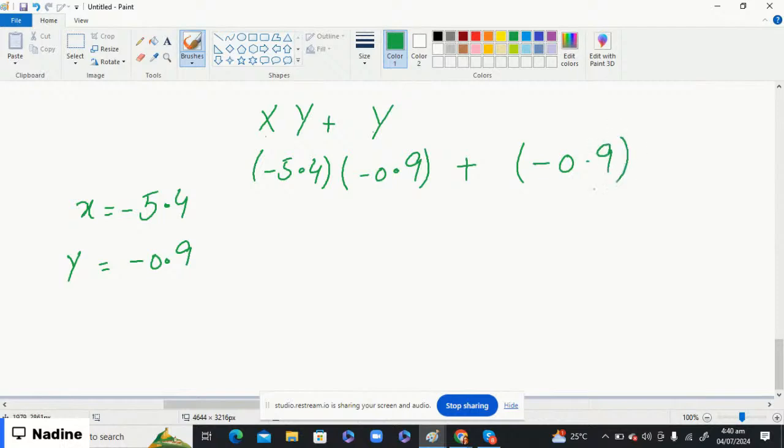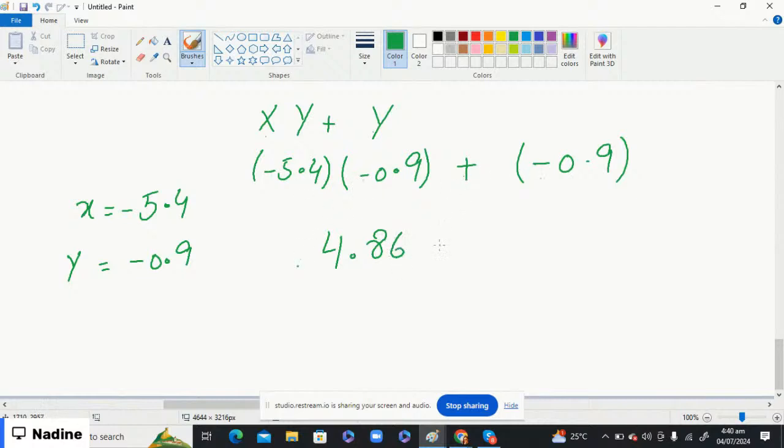Just simply multiply 5.4 with 0.9. You can multiply the decimal numbers with each other. 5.4 times 0.9, so you get the answer 4.86. This negative becomes plus.